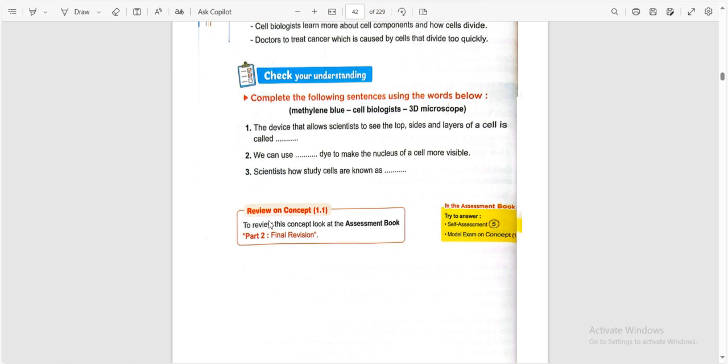So let's try and answer these questions. The device that allows scientists to see the top, side, and different layers of the cell, we call it methylene blue, cell biologist, or 3D microscope. Well, that's the 3D microscope.